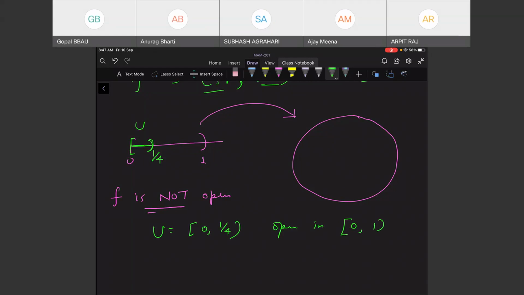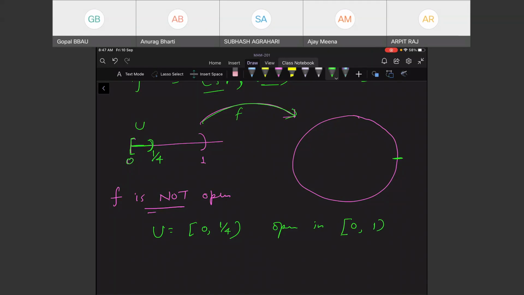What is its image under F? Cos 0 is 1, sin 0 is 0, so this is the point (1, 0).